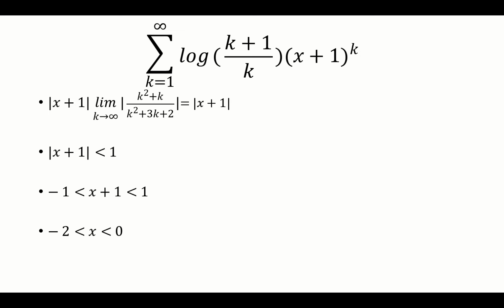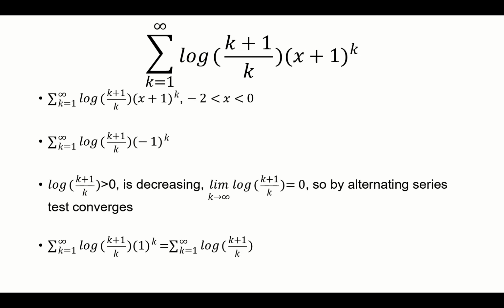Now finally, what we need to do is test the endpoints. So we need to test x equals negative 2 and x equals 0. First I plug in x equals negative 2. So negative 2 plus 1 to the k is just negative 1 to the k. For this one, we're going to use the alternating series test. Clearly, it's alternating. This term, log of (k plus 1 over k), is positive for k greater than or equal to 1.